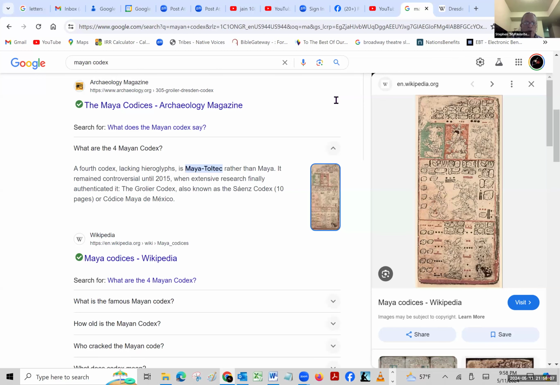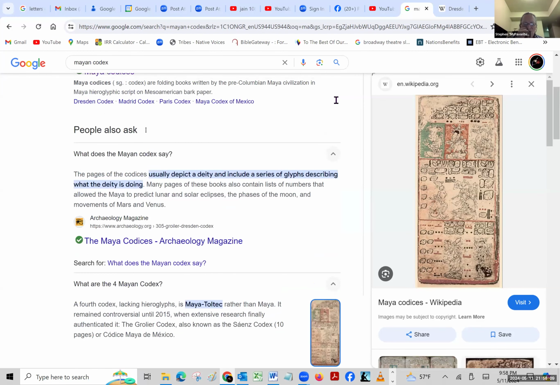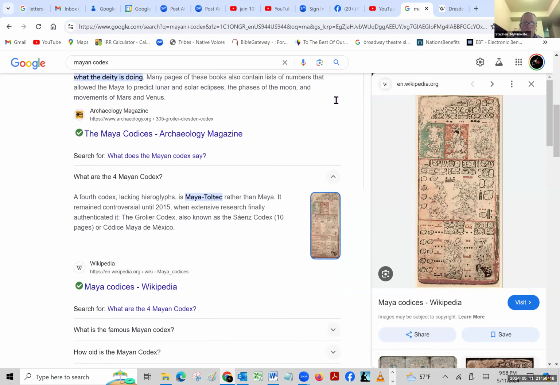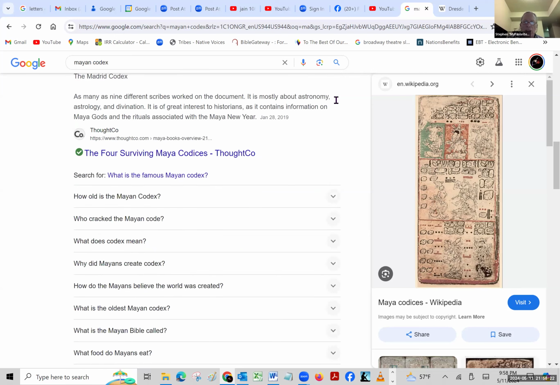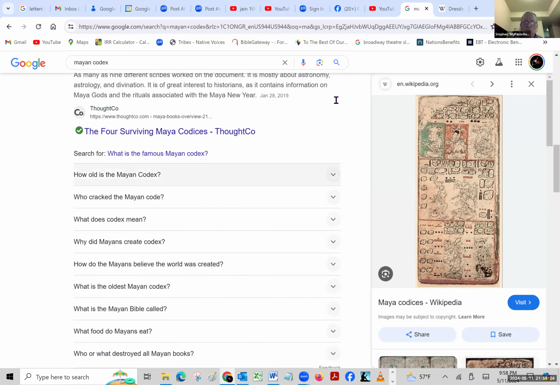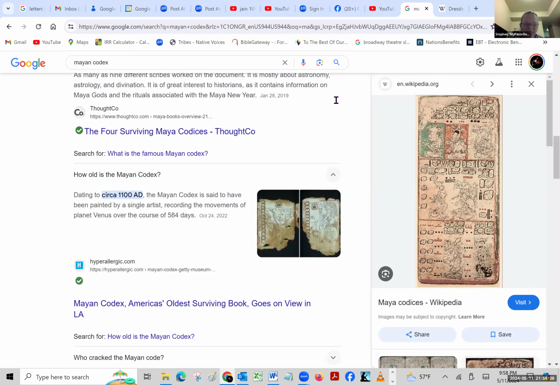Many pages of these books are also lists of numbers that allowed the Mayans to predict lunar cycles. They were really quite, the books had a lot of meaning. I mean, they spoke of religious ritual, but there are also some sciences.